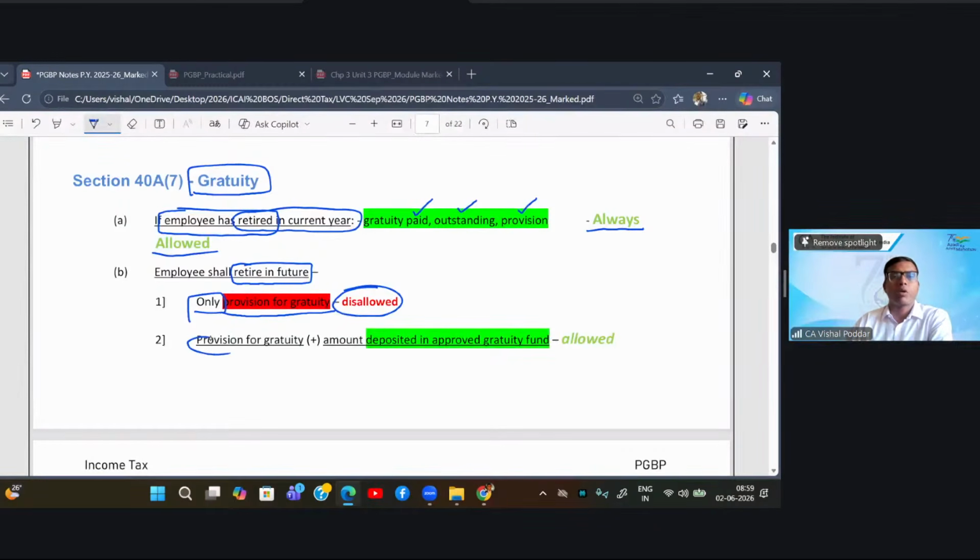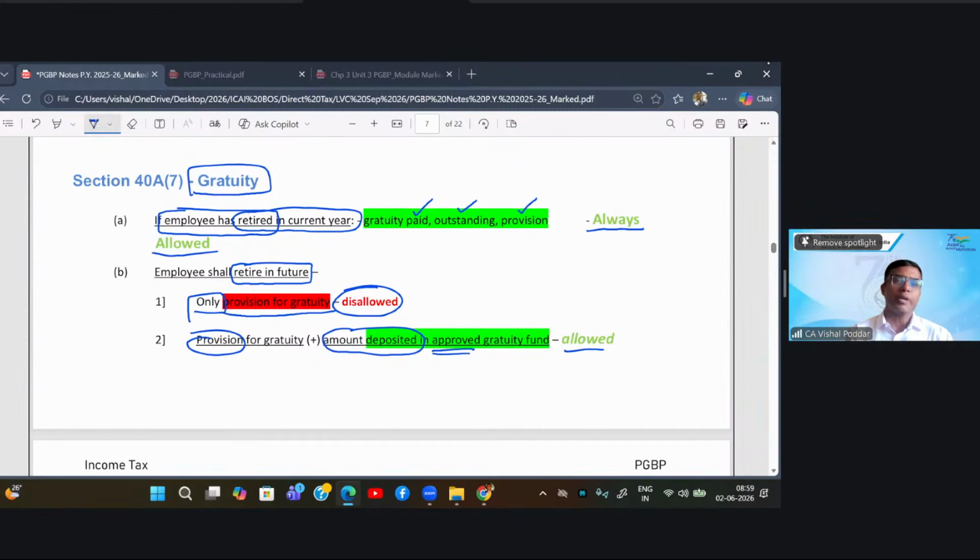However, along with this provision, if you have also deposited the amount in an approved gratuity fund, then even though this was a provision, today the employee is not retiring, we will allow you the expense. So basically, this is like your depreciation sinking fund concept. So you have created a fund, you keep on depositing money. So you create provision in your P&L, and that provision is also parallelly deposited.